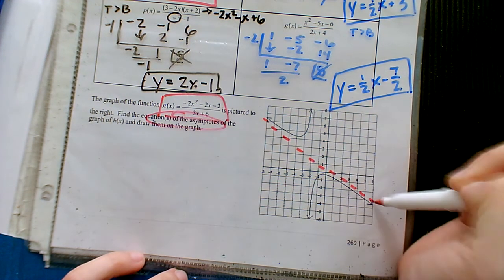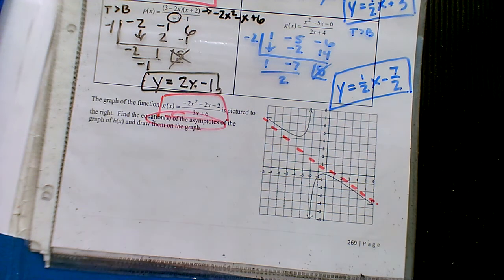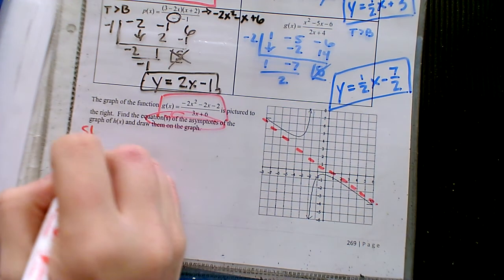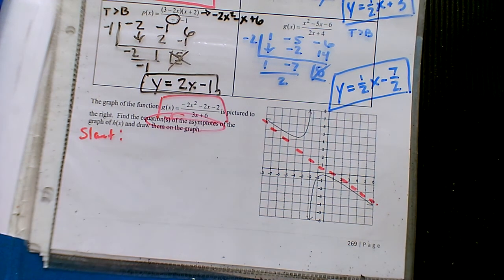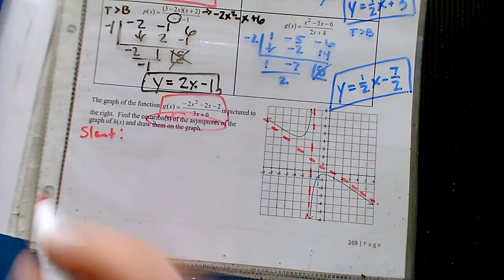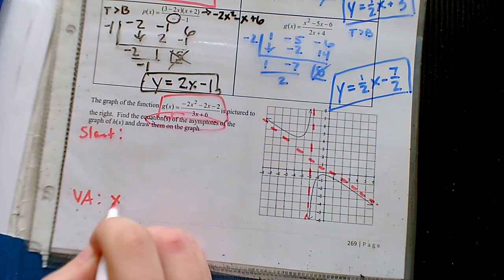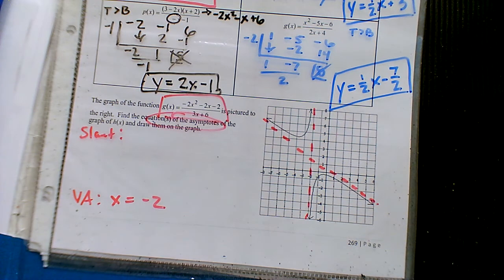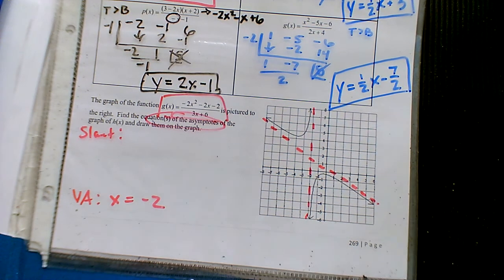Maybe we'll try to draw that in. Any other ones? Go to Olivia. Vertical, -2. Okay, so the vertical one I think is pretty simple to find. Okay, at least in terms of its location, x equals -2.